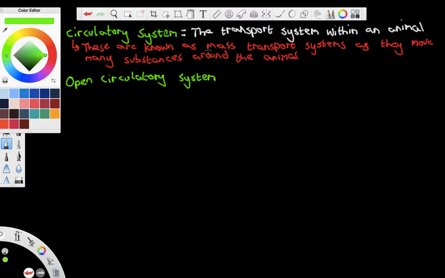Now, an open circulatory system is a circulatory system that does have a heart, but doesn't have very many blood vessels that contain a transport medium.